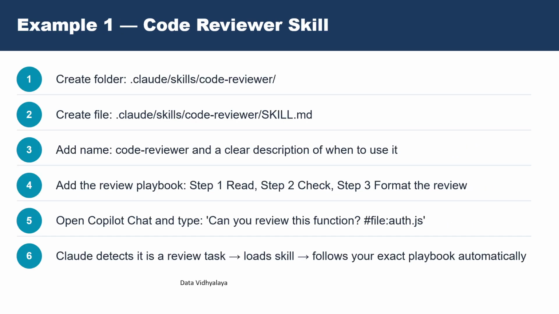Okay, so we will create this code reviewer skill. I have already created it, but I will show you how I created this code reviewer skill. And once you create the prompt, we will see how this skill triggers. First, I will show you where we store these two skills, the global skill as well as the project specific skills.